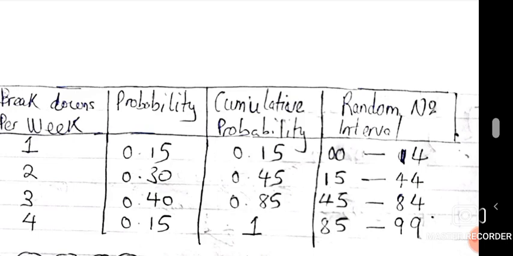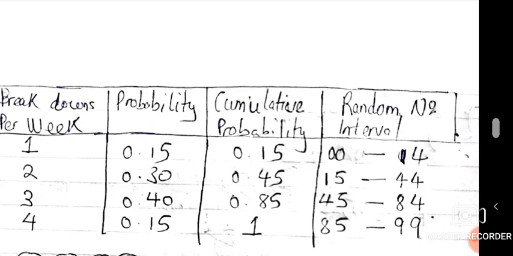So these decimal cumulative probabilities need to be changed to whole numbers. These are in fact percentages, so you multiply each decimal by 100 to change it to a whole number.